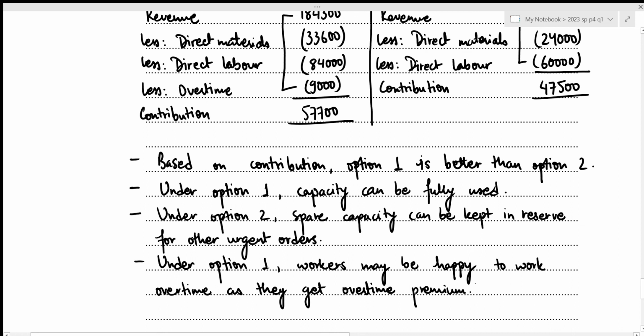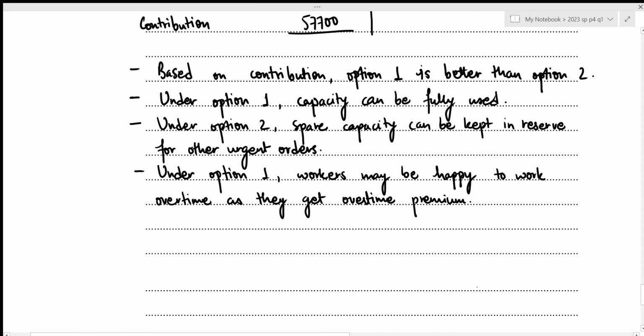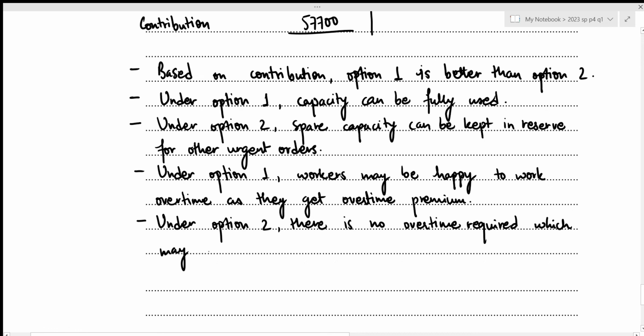And this premium is the 75% extra payment that they are getting for the additional 200 units, right? But under option 2, we require no such overtime working, right? And since there is no overtime required, it might improve efficiency of those workers. Let's write it down. Under option 2, there is no overtime required, which may improve efficiency.